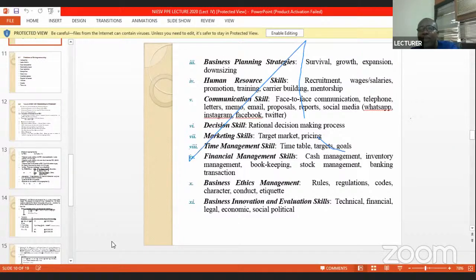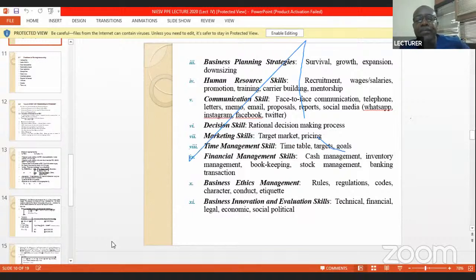Some advertise on Facebook, some on WhatsApp, some on Instagram, on Twitter. We use this social media as a means of communication. A good entrepreneur must be very good in them.